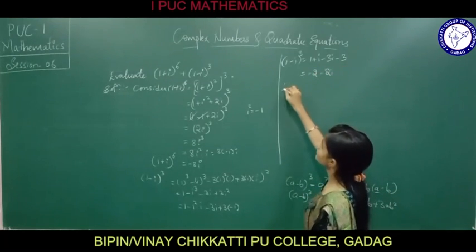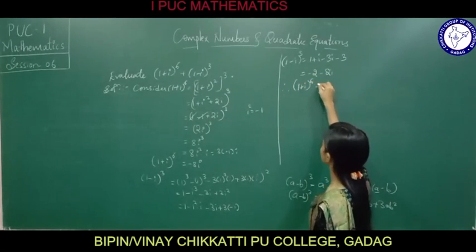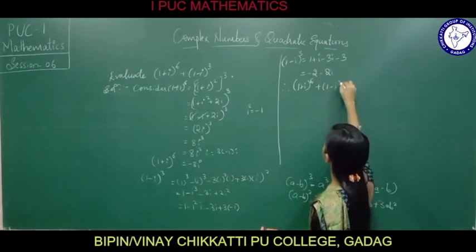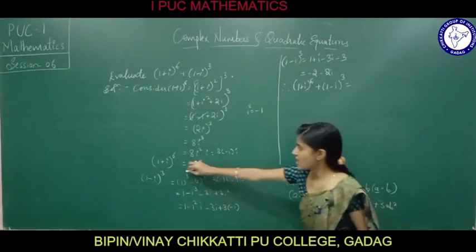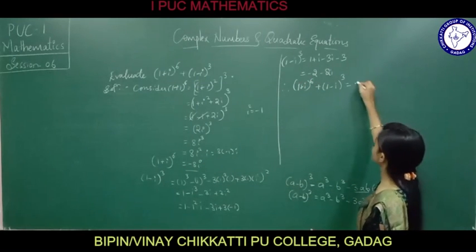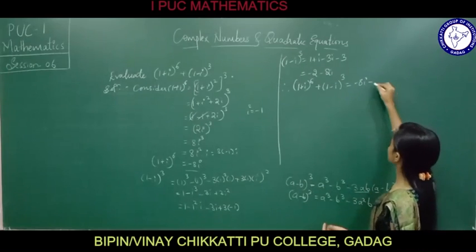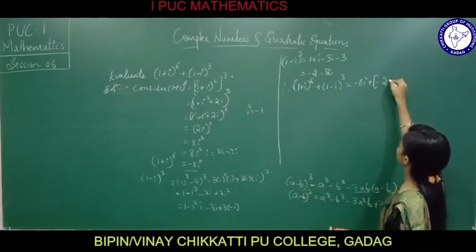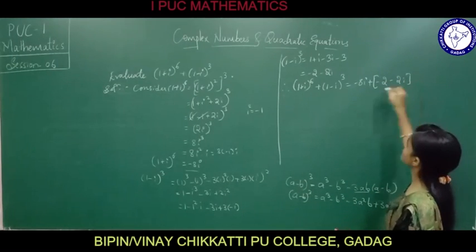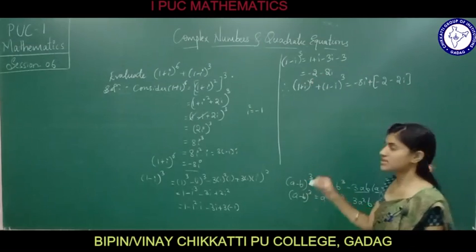Therefore, what are we going to do? Therefore, (1 + i)⁶ + (1 − i)³. What is the value of (1 + i)⁶? I have got it as −8i, plus (1 − i)³, which is −2 − 2i.